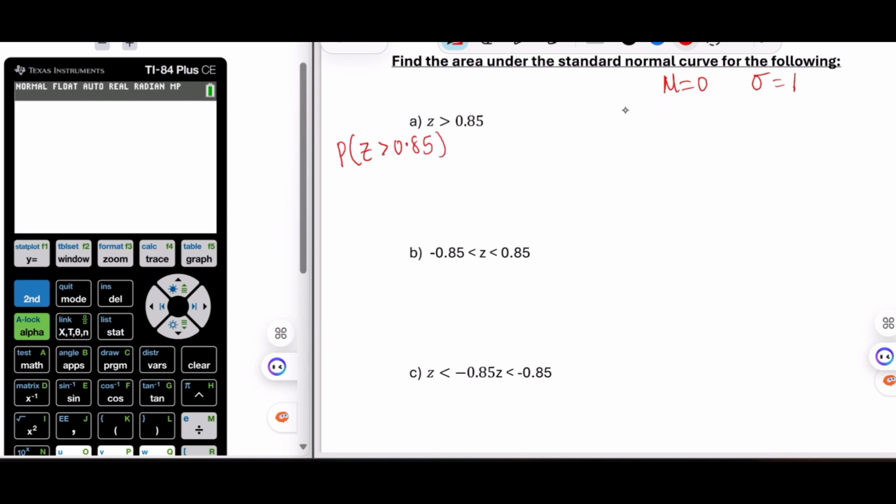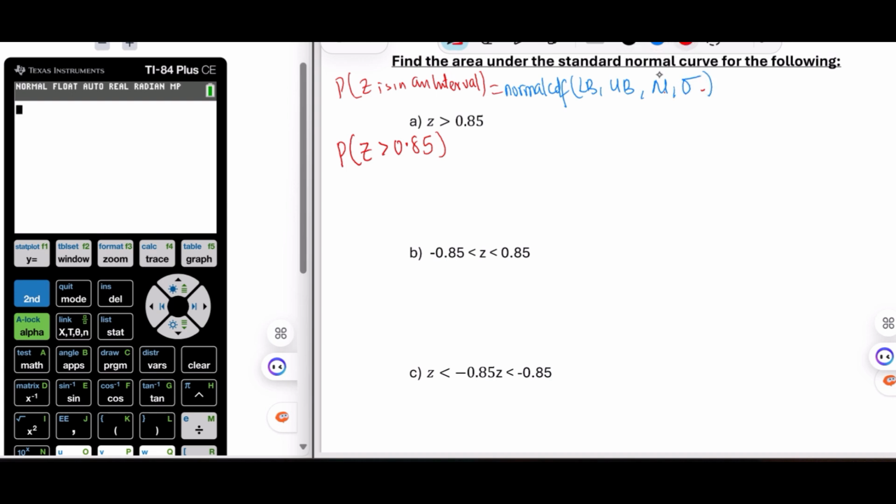Also, before doing this, I would like you to know that to get the probability that z is in an interval, you can use the normal CDF approach, where you have the lower bound, the upper bound, mu, comma sigma.